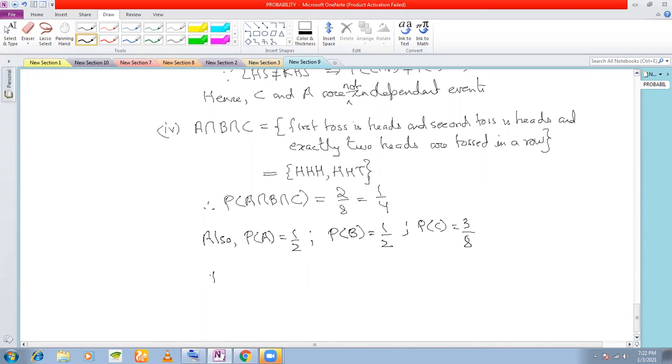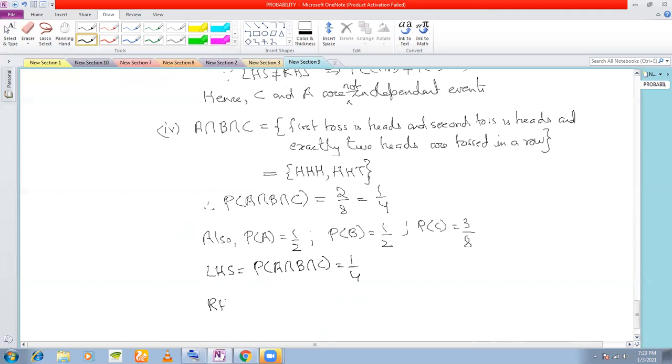So what is PA into PB into PC? First, let us write LHS and RHS. LHS is A intersection B intersection C, which is 1/4.